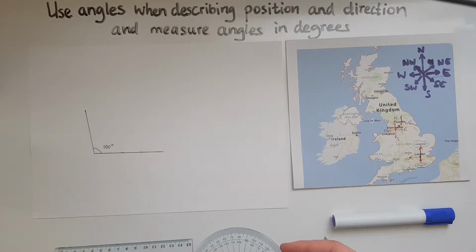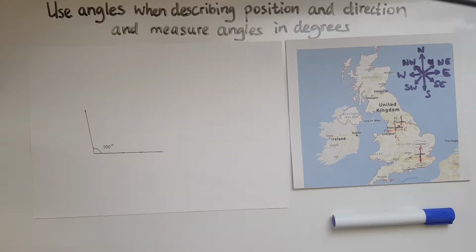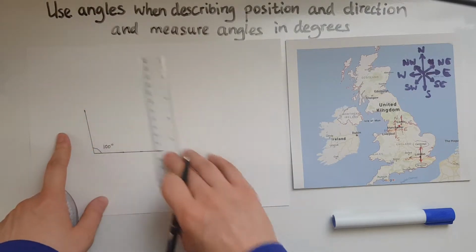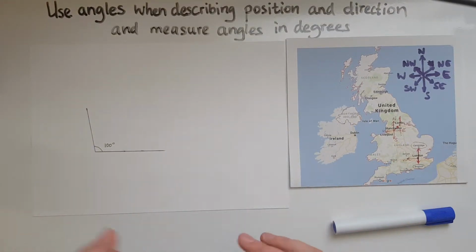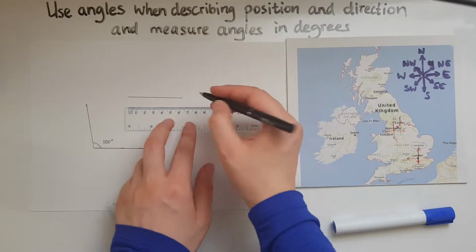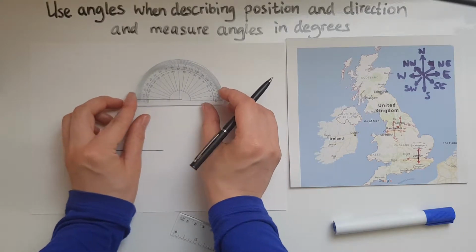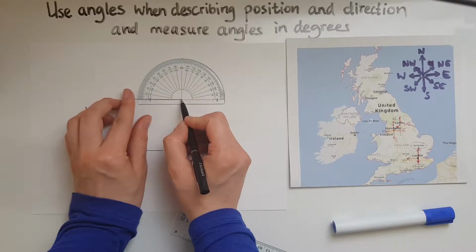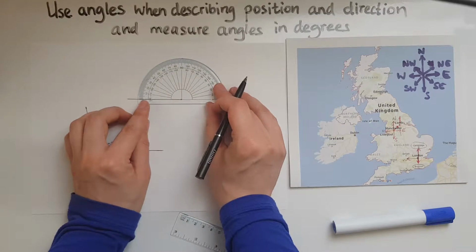And the way to check it also, this is bigger than 90 degrees because a 90 degree angle would come to this point, so this is larger than 90 degrees, and 100 degrees is larger than 90 degrees. Now we'll draw another one over here. There is a straight line, and I'll draw it on the other side this time around. So I'm going to have to align it with the protractor, right on top. The end of the line and the line on the protractor are on top of the line I drew.